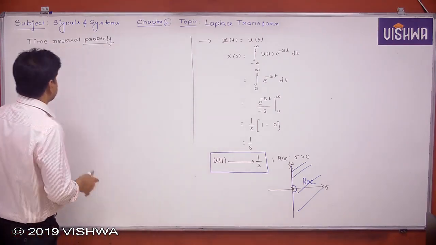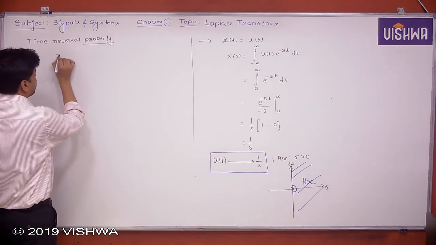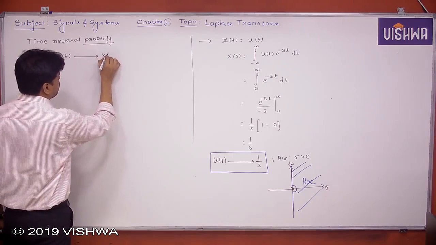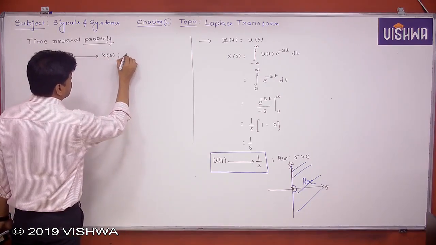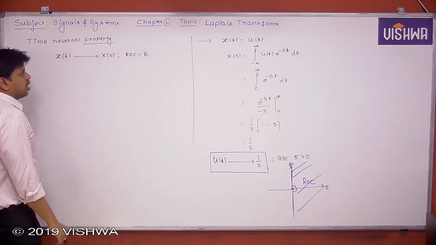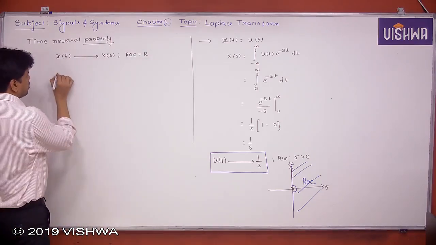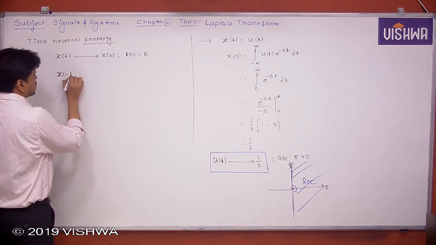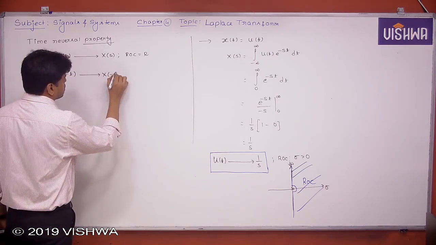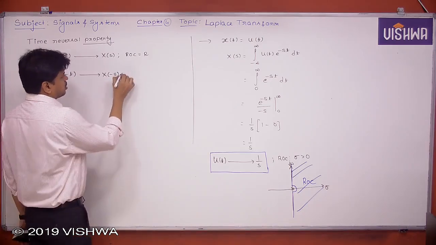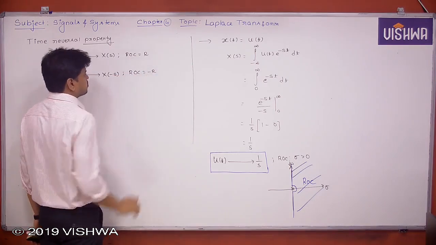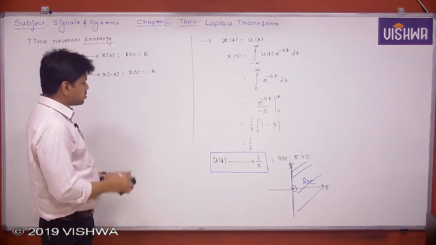Let's say a signal x of t has Laplace transform x of s with ROC equal to R. Then for x of minus t, what is the Laplace transform? This is x of minus s. Then what is the ROC? ROC is equal to minus R. You may get a doubt: what does this minus R mean?